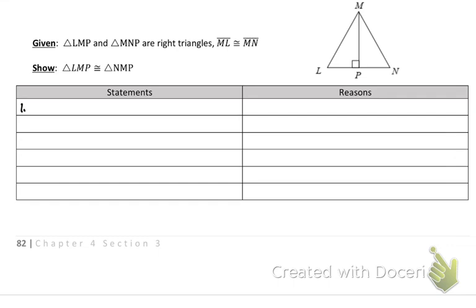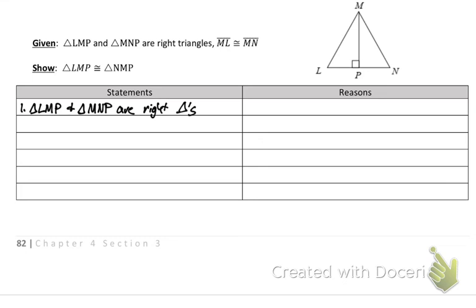Our first given was triangle LMP and triangle MNP are right triangles. Do not automatically assume you're using hypotenuse leg. This could be just telling you an angle, so we can use side, angle, side.